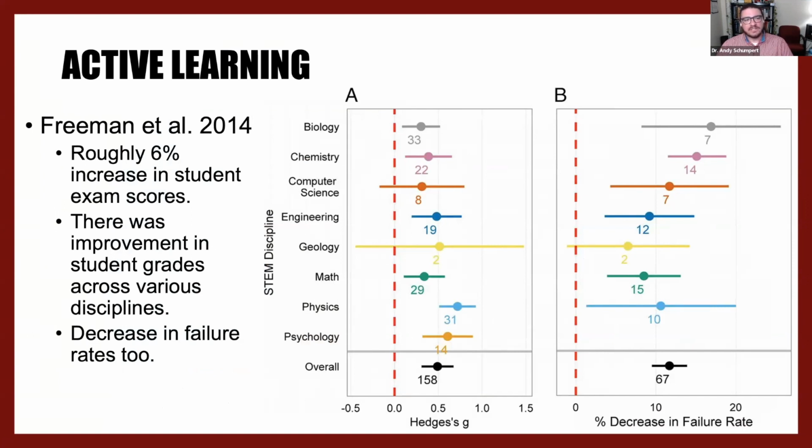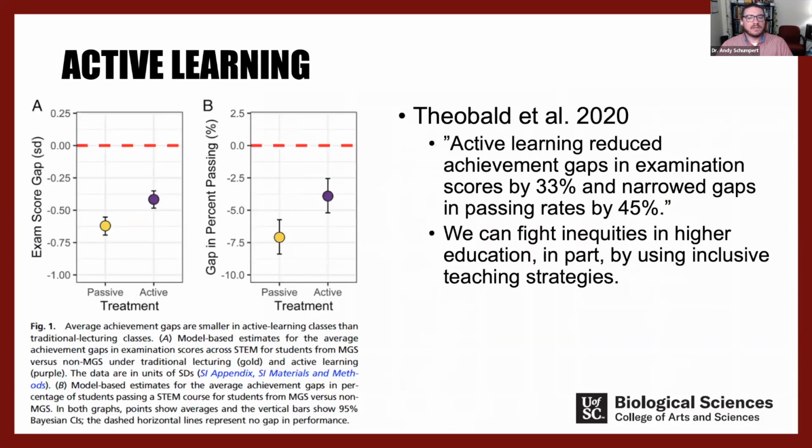And basically they're showing that students' exam grades are improved with active learning, and that students aren't failing as much. So there's a percent decrease in failure rate. And you can see here, they're looking across STEM disciplines in this meta-analysis. And so you can see, there's 2 in geology there by the wide range. But overall, they found that active learning seems to be benefiting our students.